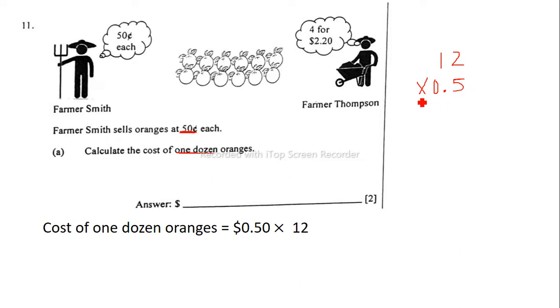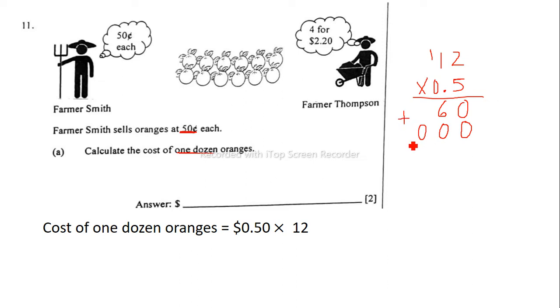5 times 2 is 10. Put the 0 down, put the 1 up. 5 times 1 is 5, plus 1 is 6. Put the 0 as the placeholder. 0 times 2 is 0. 0 times 1 is 0.